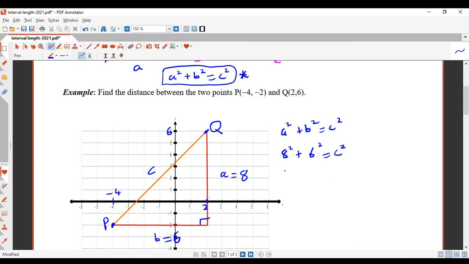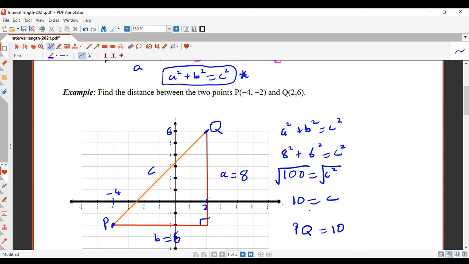Now, 8 squared plus 6 squared on your calculator is just going to be 100. And then you want to get C by itself. So square root both sides, you're going to get 10 for that is equal to C. So your final answer, the interval PQ is equal to 10. The length is 10 units.